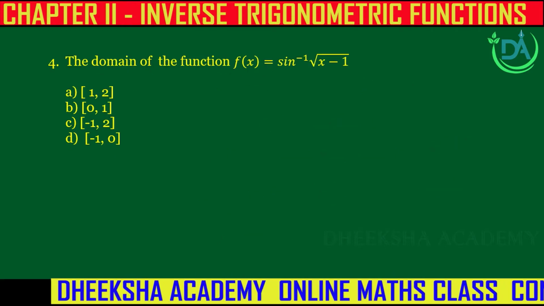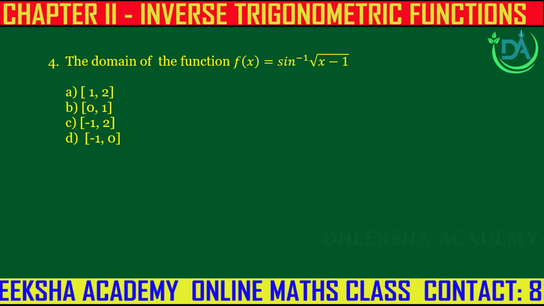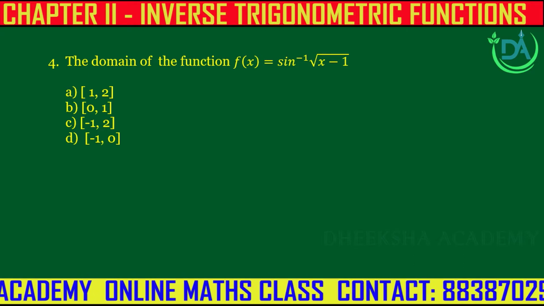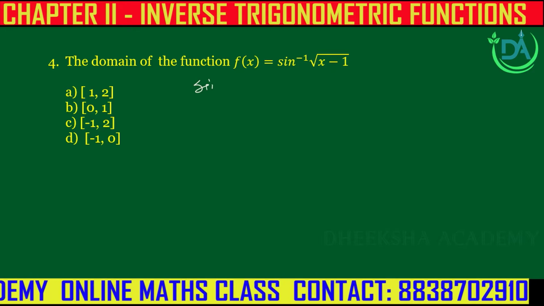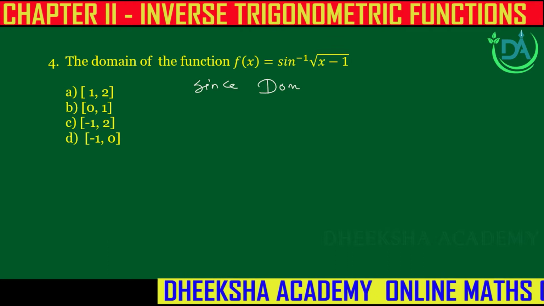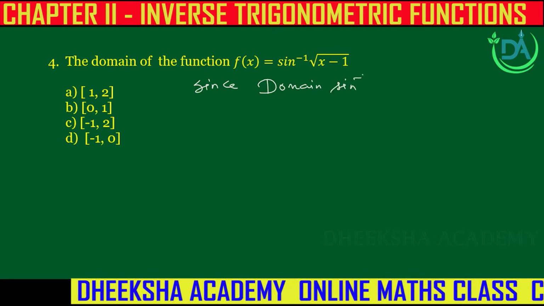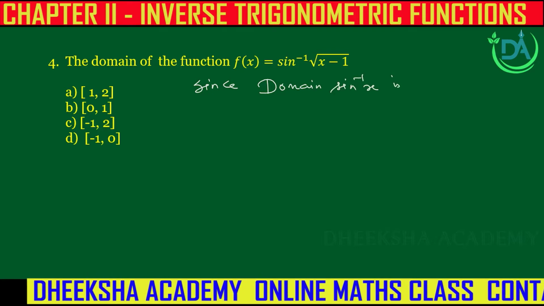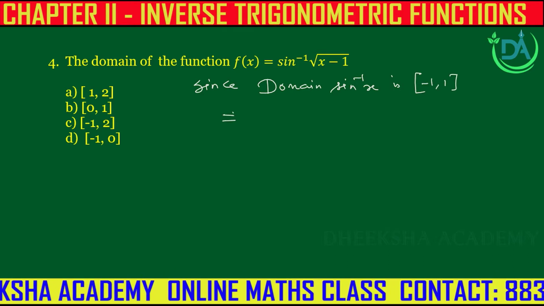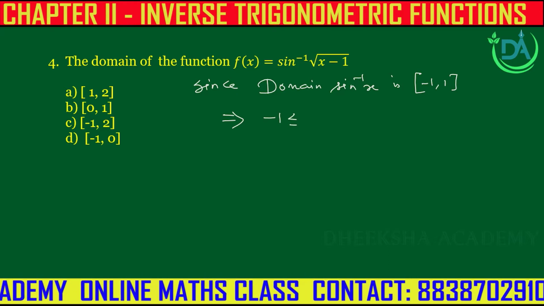The domain of the function f of x is equal to sine inverse of square root of x minus 1. Since the domain of sine inverse x is the closed interval minus 1 comma 1, the given function is sine inverse of root of x minus 1.